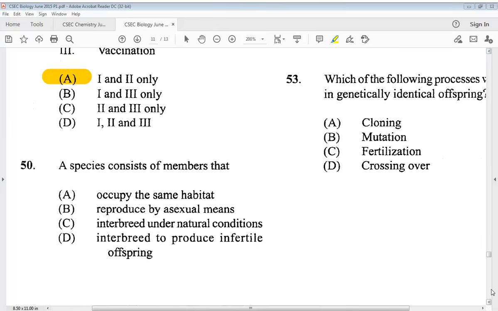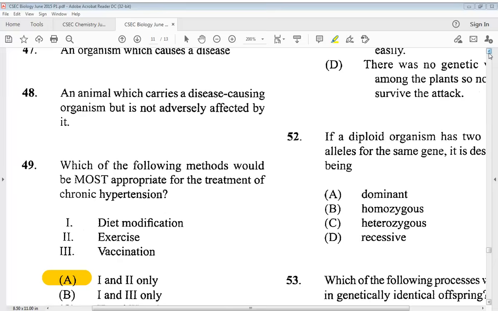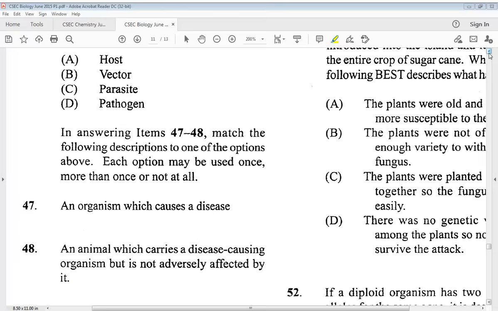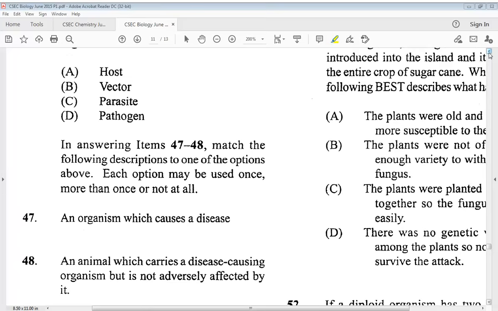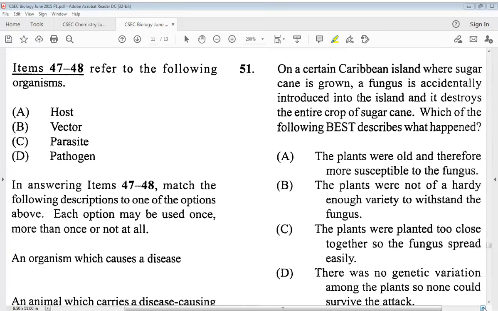50 says a species consists of members that C, interbreed under natural conditions. 51 says on a certain Caribbean island, where sugarcane is grown, a fungus is accidentally introduced into the highland and it destroys the entire crop of sugarcane.